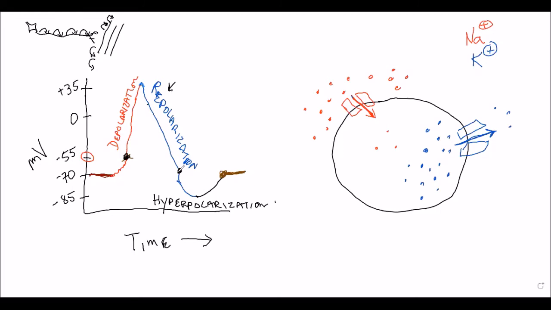Okay? Then there's something called a relative refractory period, where it can happen anywhere during hyperpolarization. Let's say we want to stimulate the cell at this point, which is maybe -80. You can start another action potential from here to go up and do all that, as long as that stimulus is very, very strong.